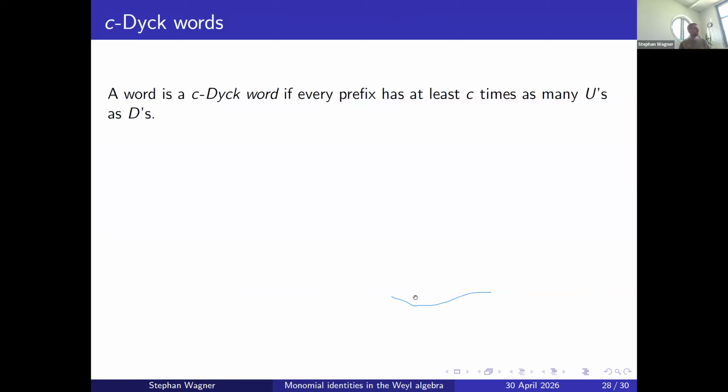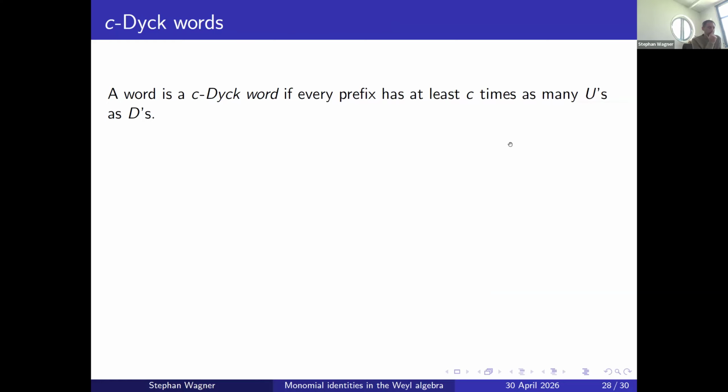Now, one can modify these questions in a number of ways. One particular question that was, as all of the other questions in here, really raised by Richard Stanley, is if you take words with the restriction that every prefix has at least C times as many U's as D's.